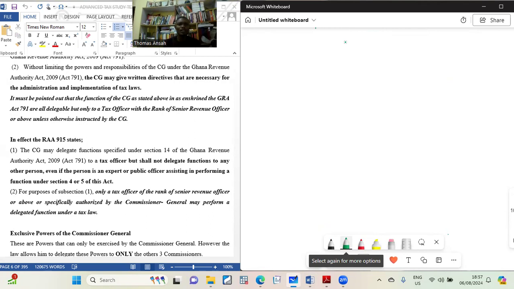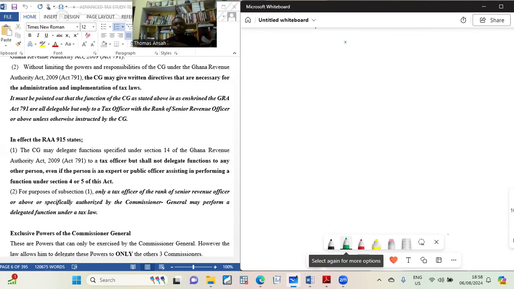We have those that he can delegate only to the commissioners of the three divisions. And we have those that he can also delegate to the senior revenue officers.